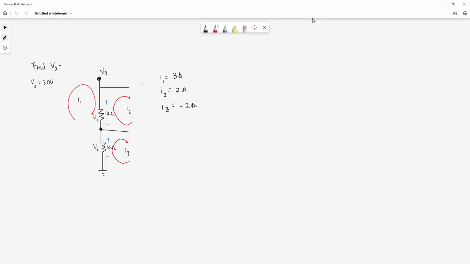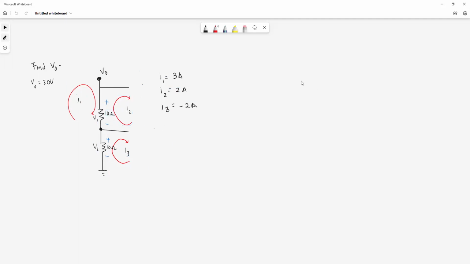It might be confusing because the polarity of this voltage is not given, so you can assume the polarity to be either positive, negative, or negative, positive. But regardless of the position of the polarity, you will end up with the same answer, which is 30 volt. So let's begin.